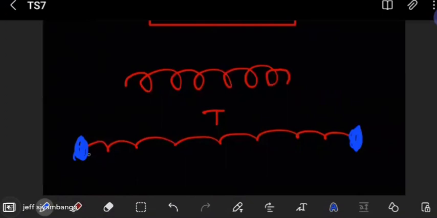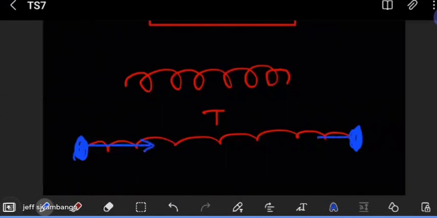Yes. The spring will be pulling your hands towards each other, or inwards. What is the point here? When a spring or our member is in tension, the force it exerts on the joint is inward. So it acts away from the joint.